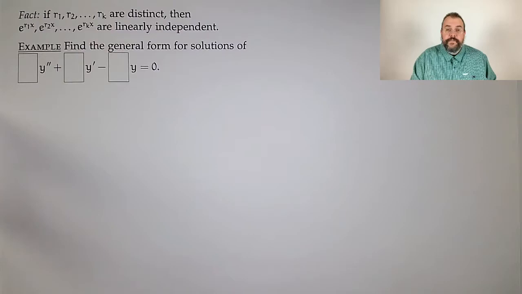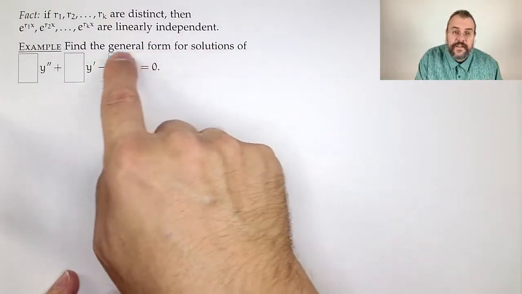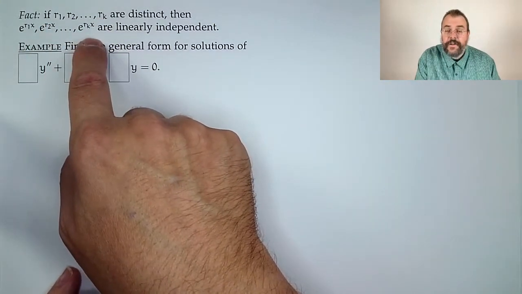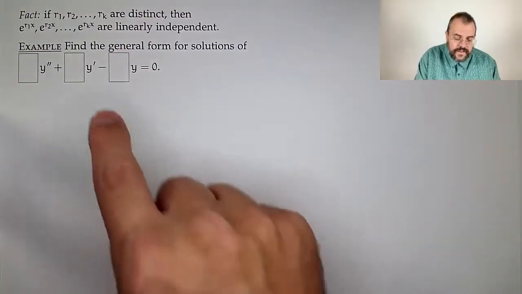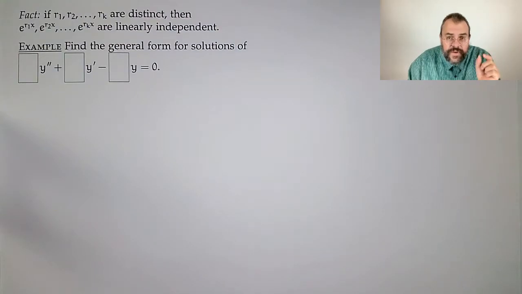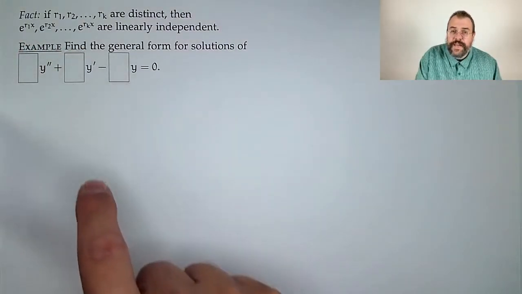Then if we look at the functions, so e to the r1x, e to the r2x, so forth and so on, these functions are linearly independent. So distinct numbers says, hey, all these functions are different from each other. In essence, it says, look, these functions are growing at different rates because the coefficients r1, r2, rk are somehow telling you how the exponential functions behave.